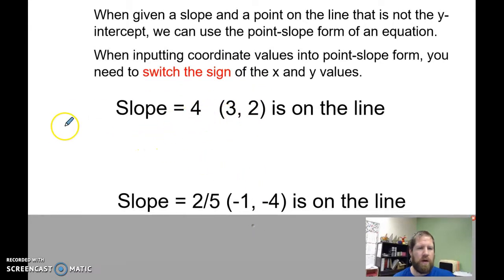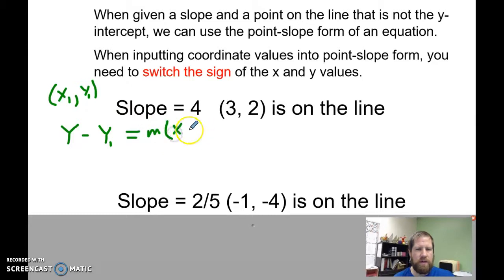So my point slope form is y minus y1, meaning this is the coordinate, right? x1 of my point, y1 is equal to m times x minus x1.